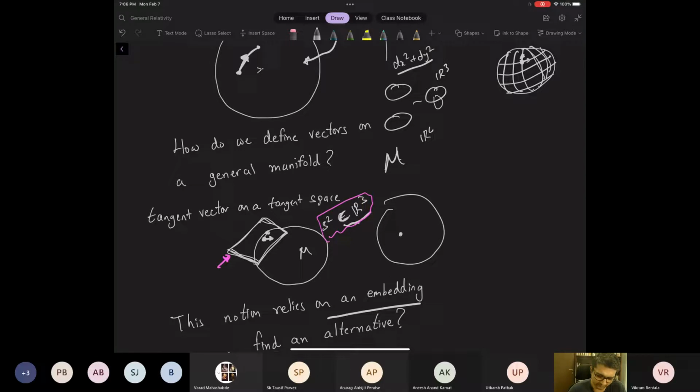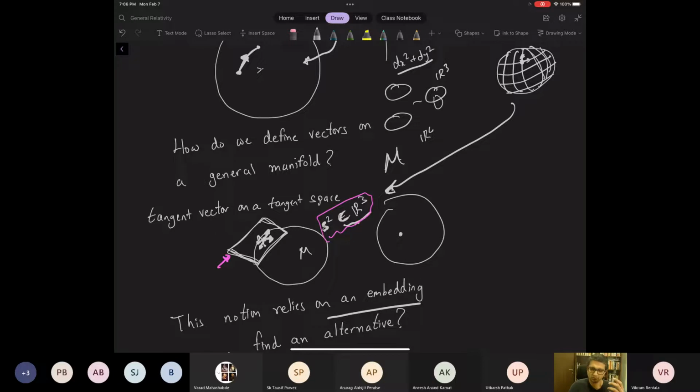More intuitively, if I move away slightly from this picture, then I can think of what are called tangent planes, where at each point I can define tangents to the sphere. For a sphere or any two-dimensional surface, it's easy to imagine what these 2D tangents are. But this visualization relies on embedding. It relies on the fact that you're thinking of S2 as embedded inside 3 dimensions.